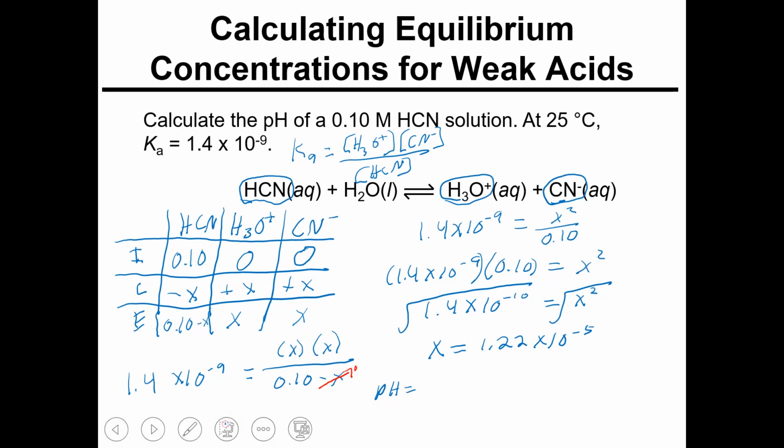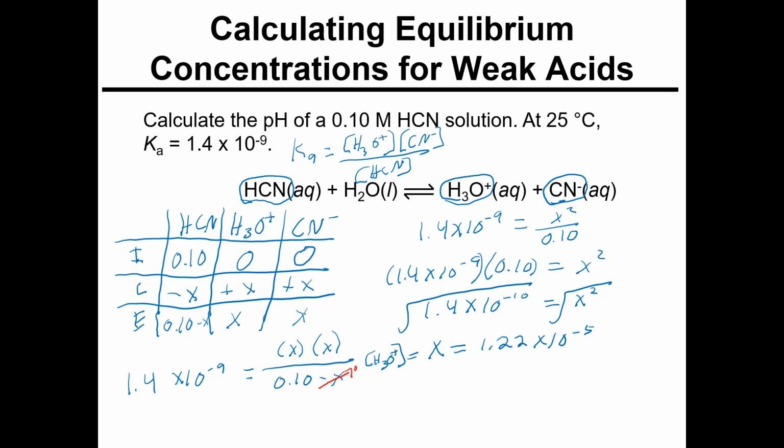So, actually, let's take a step back here before we get to pH. We labeled the H3O+ concentration as X. So this is also the concentration of H3O+. It's also the concentration of CN-.